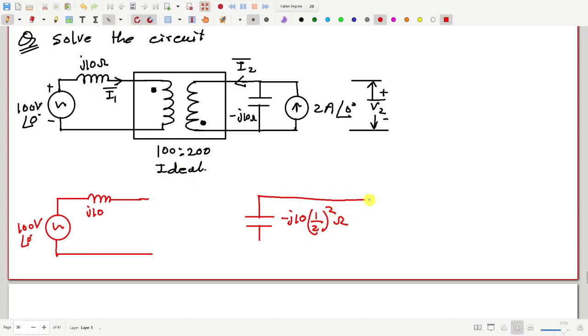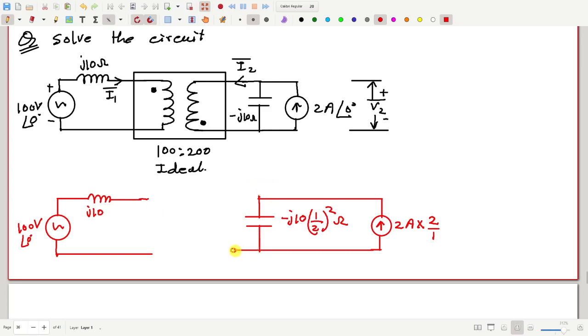And then we have the current source. What will happen to this current source? Anyone? It will become multiplied by the turns ratio, which is 2 by 1. Am I correct? This side to this side, yeah. Right. Now next what?